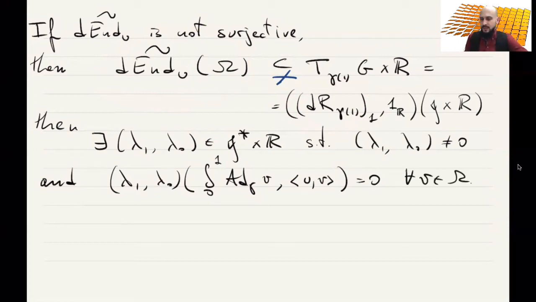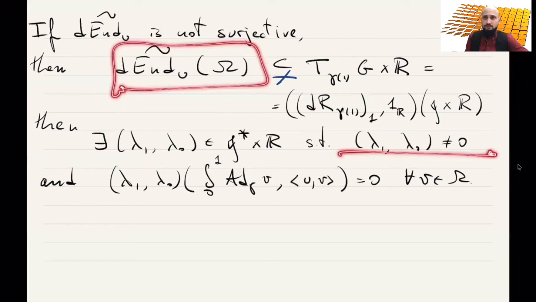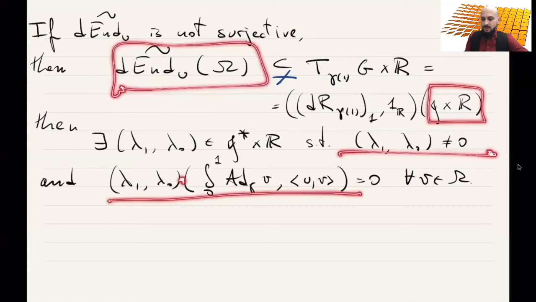In other words, if this space is a proper subspace, then I can find a non-zero vector that is orthogonal. You can see this as if you fix a scalar product on G times R; I'm just saying that there exists an orthogonal vector. So I can find a non-zero vector orthogonal to the whole image. And here I didn't put the right translation because I bring back the identity.